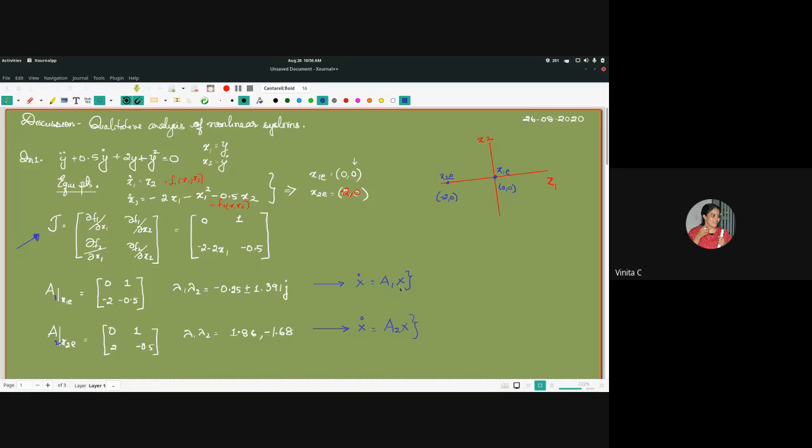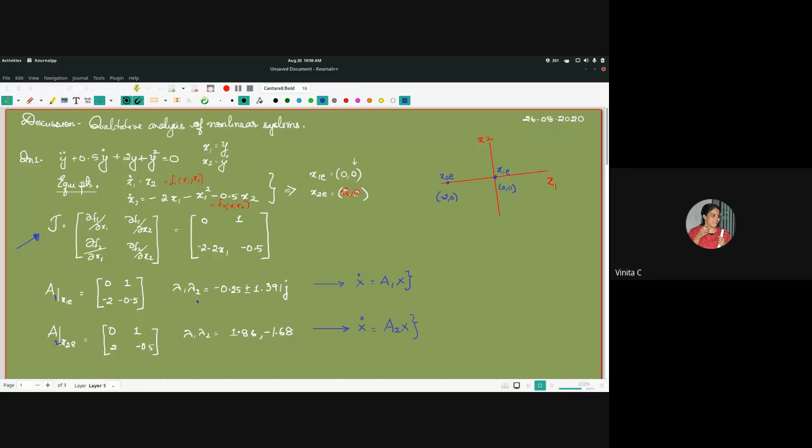Once I have a system of the form x dot is equal to A into x, we can easily find the eigenvalues of the system. If we know the eigenvalues of the system, we know what the phase trajectory of the system is like.